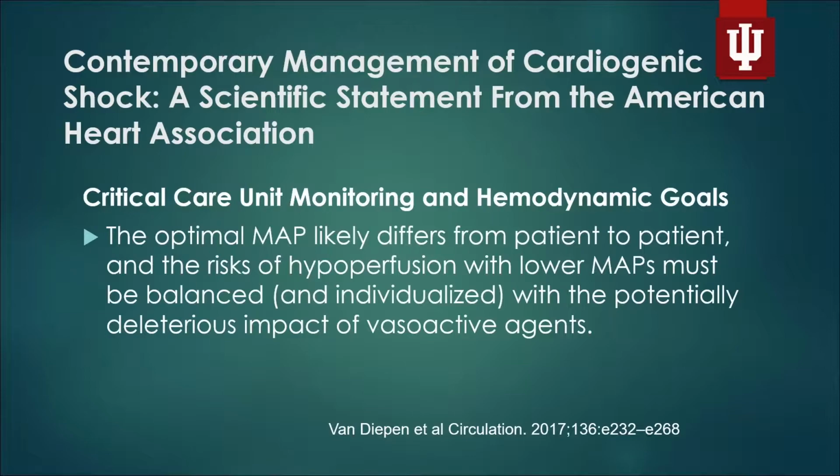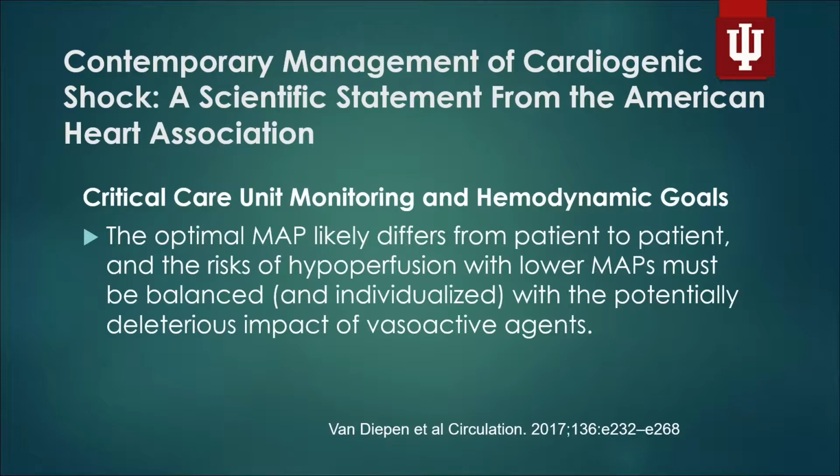The optimal MAP likely differs from patient to patient, and the risks of hypoperfusion with lower MAPs must be balanced and individualized with the potentially deleterious impact of vasoactive agents. While it is certainly quite prudent and appropriate, it doesn't give very specific goals for management of cardiogenic shock.